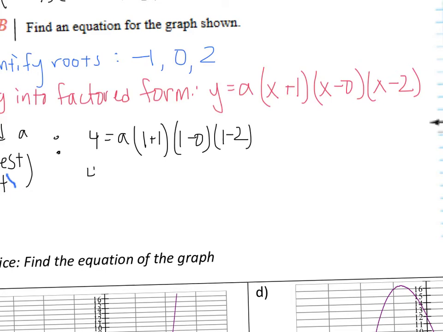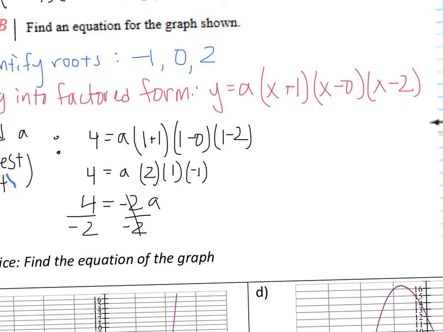We simplify that and we get 4 equals a times 2 times 1 times -1. Okay, then we can multiply. 2 times 1 is 2, times -1 is -2. So we have 4 equals -2a. And solving for a, we divide by -2, divide by -2, and we get an a value of -2.